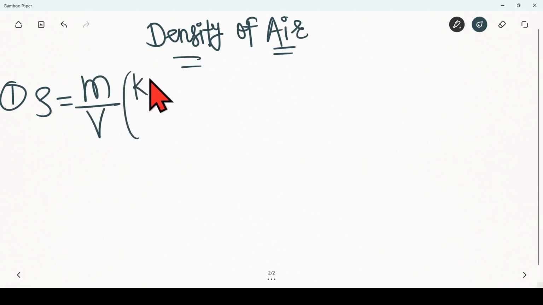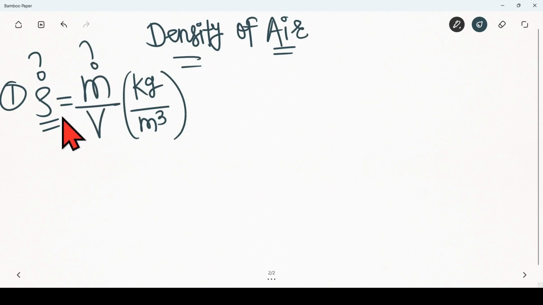Unit of density is kg per meter cube. So now in this equation there are two unknowns. Density itself is unknown and mass of the air is also unknown. So there are two unknowns. We cannot calculate density from this equation.